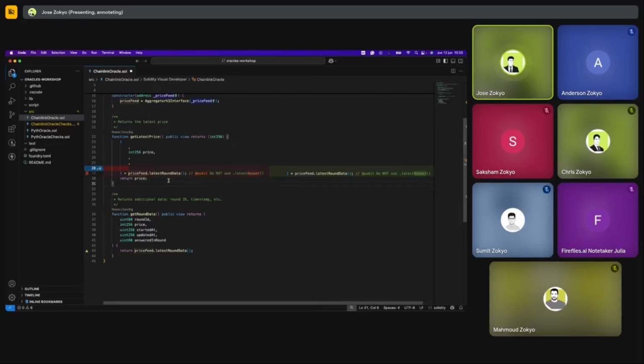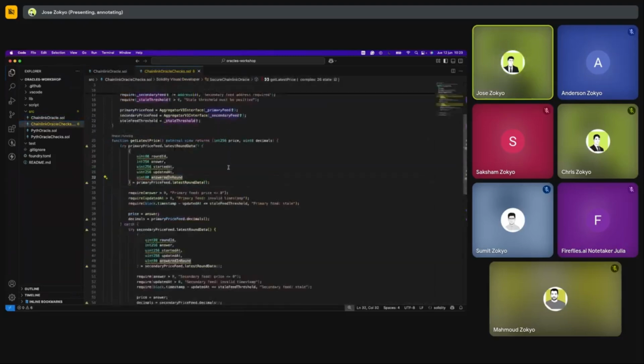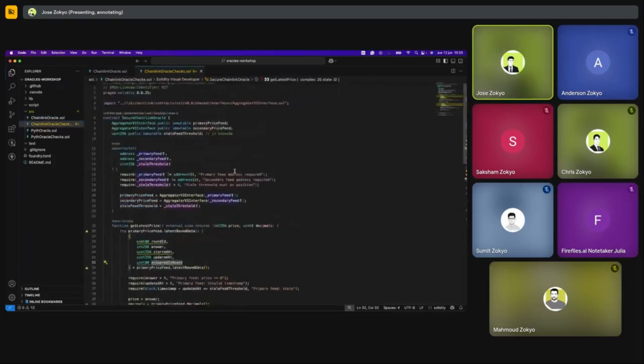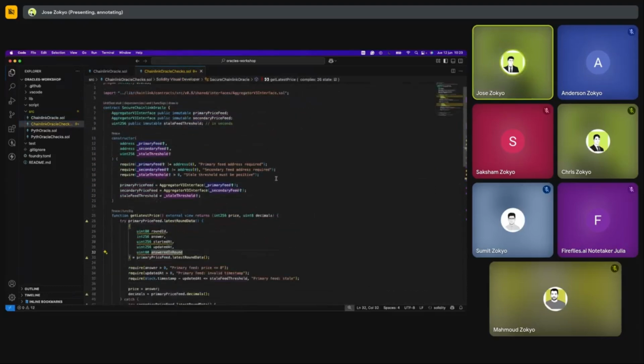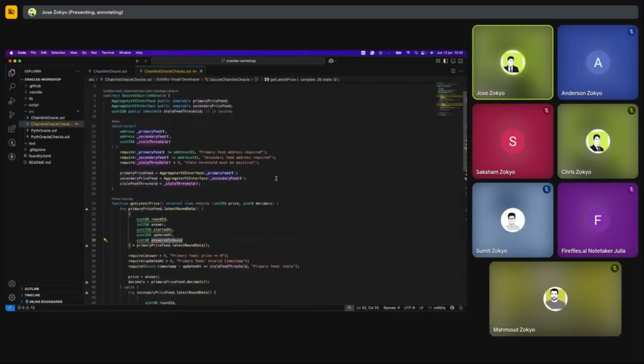You have to validate the answer, and you also have to implement some checks depending on several things. So we are going to be doing these checks here. We have another smart contract which has already implemented these checks.